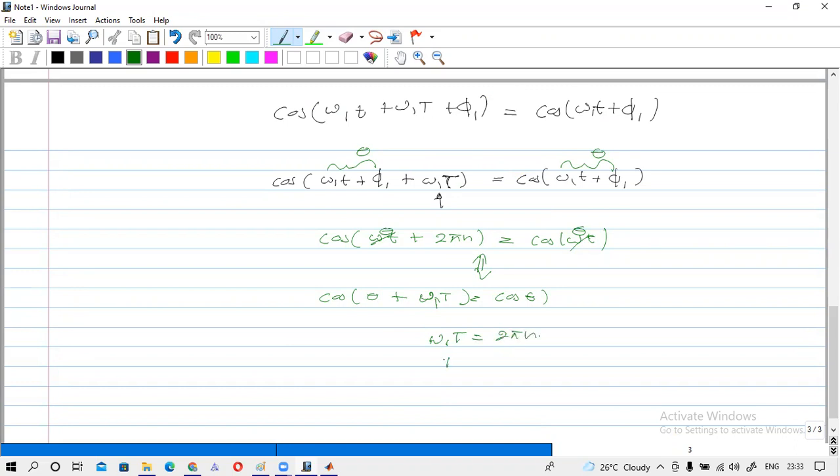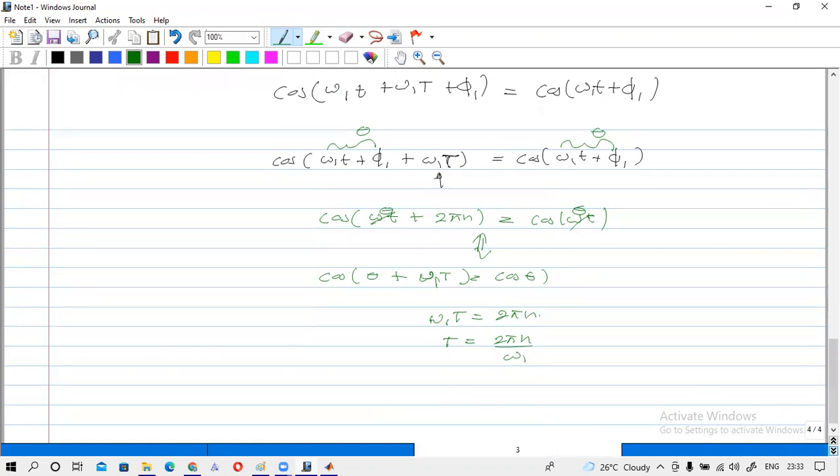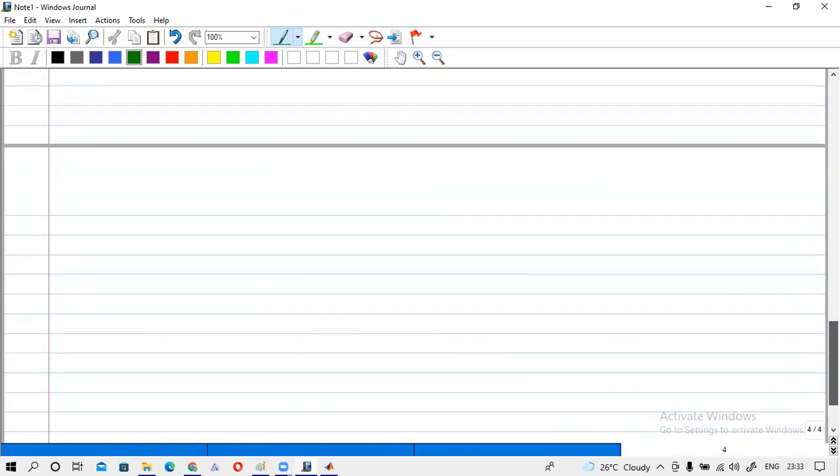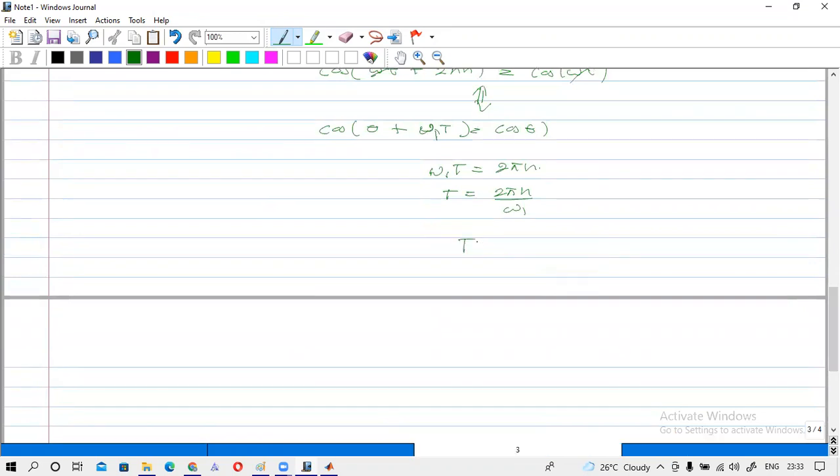So using that, you can find T is equal to 2πn over ω1. When you are finding the period, you always have to take the minimum value. So the minimum value is T is equal to 2π over ω1. So this is the result.